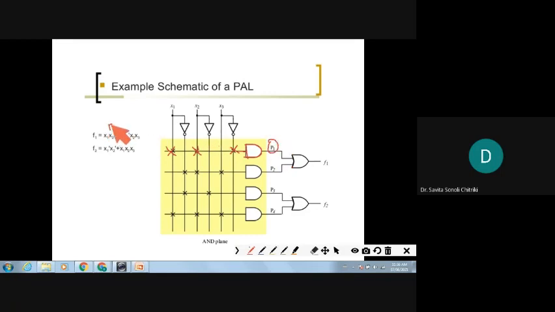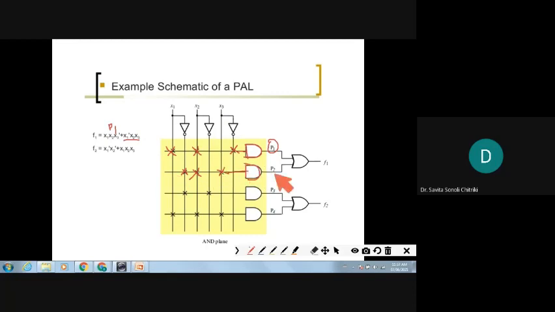Then what is the next product? X1', X2 and X3. So this is the X1 line, this is X1', then next X2, directly this is X2, then X3.